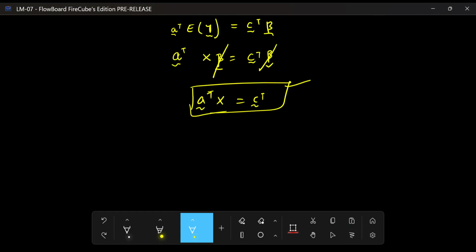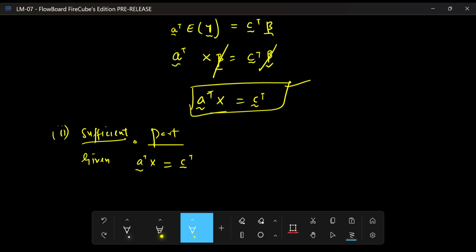Now the sufficient part of this. We are given that A curl transpose X is equal to C curl transpose.